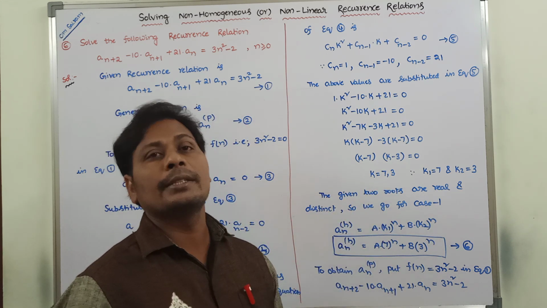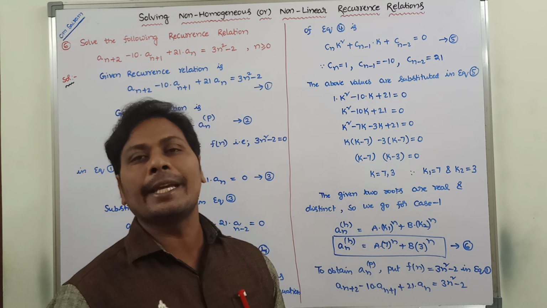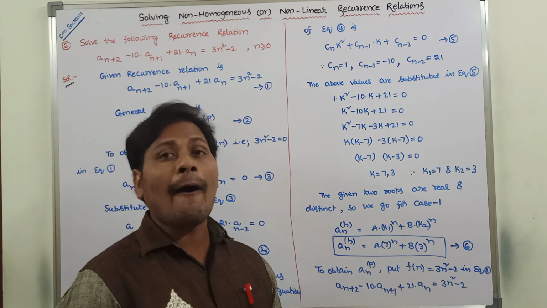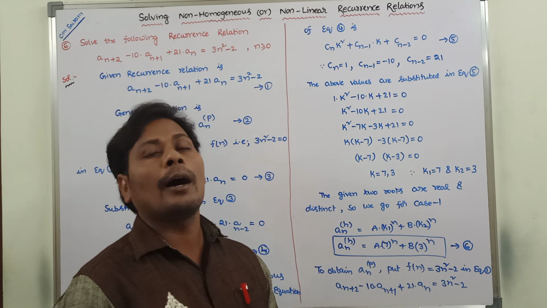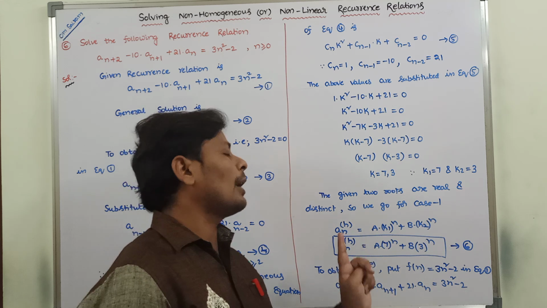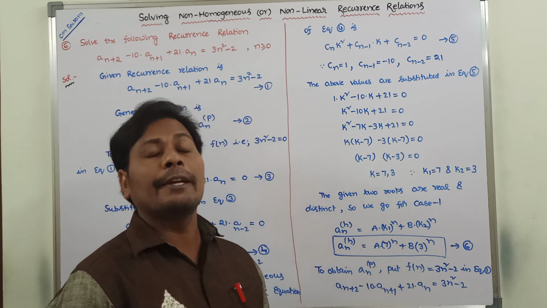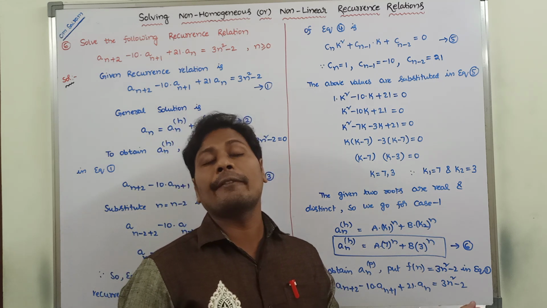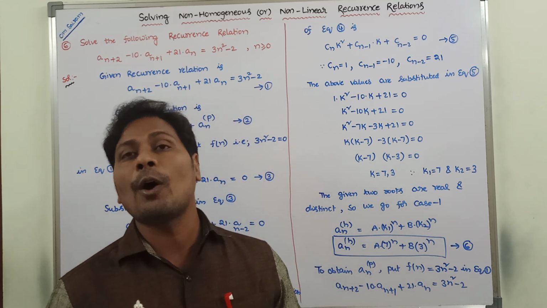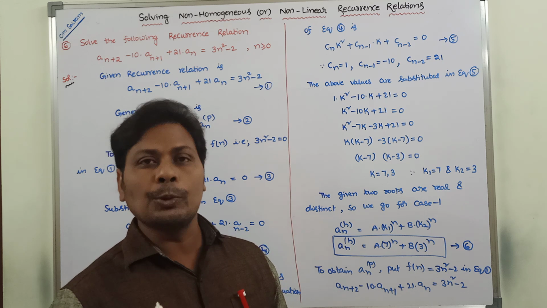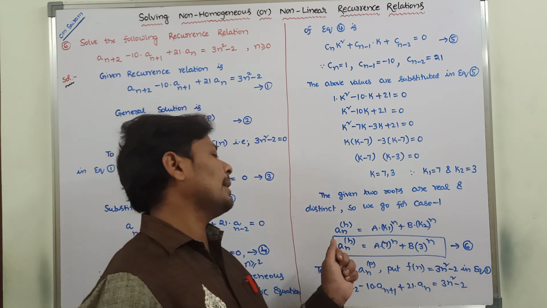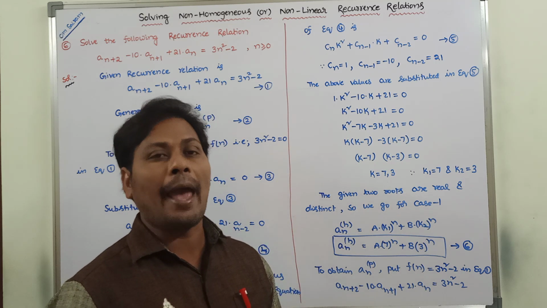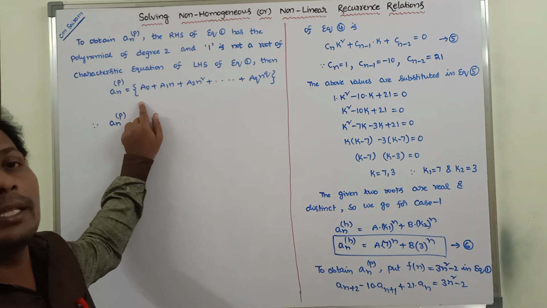Among the two roots there is no value of root is 1. Okay, so now 1 is not a root of characteristic equation on the left hand side of given recurrence relation, and the RHS side of a given recurrence relation has the polynomial of degree 2. So then the particular solution a suffix n power p can be denoted as this one.